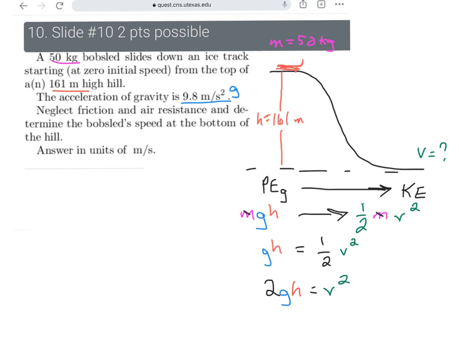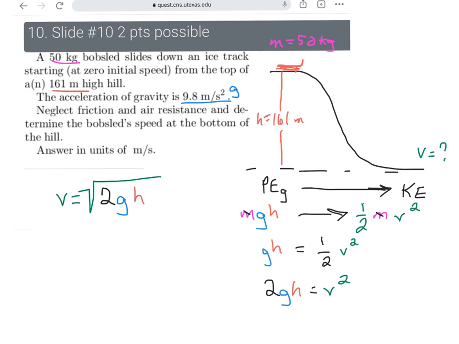Now our goal is to find just the velocity by itself, so we'll move this over here so we have room. So we'll take the square roots of everything that's on the other side of the equal sign. So square root of 2 times gravity times height.